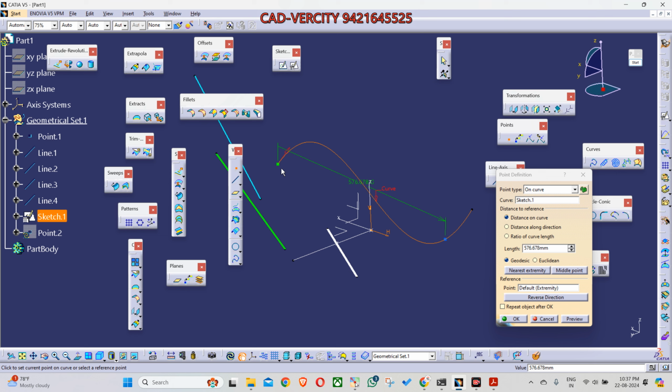So from here it is taking, let's say I want 300. It is a distance preview. Just hold your mouse on this upper arrow and click. See, the point is moving. I want a point at this position, so make it 500.